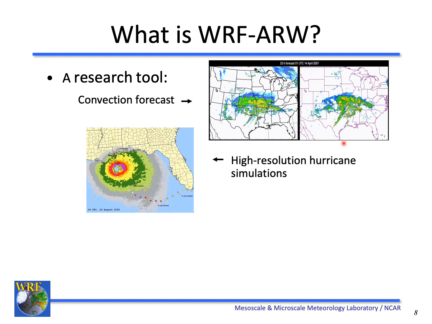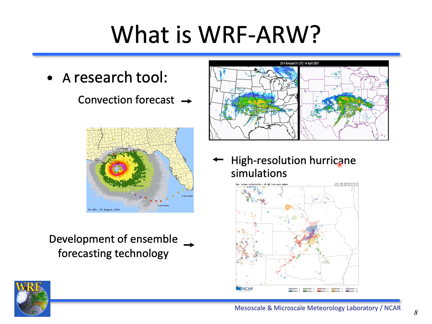Or a hurricane making landfall, as shown by this plot of simulated surface wind. The model is also used to develop ensemble forecast products, like this one showing column reflectivity greater than 40 dBz from members of an explicit convection prediction ensemble.